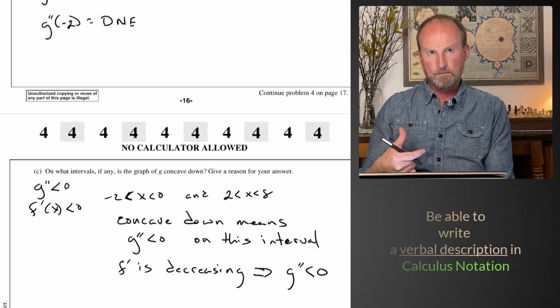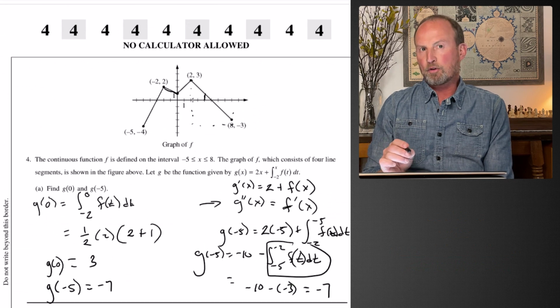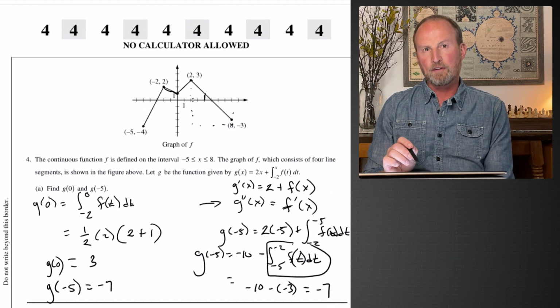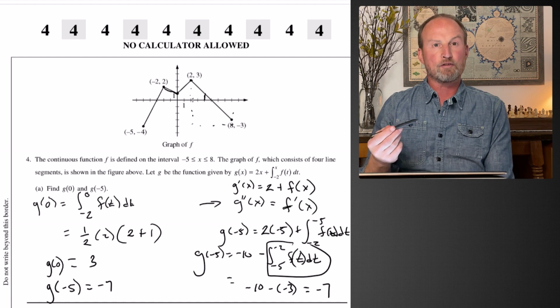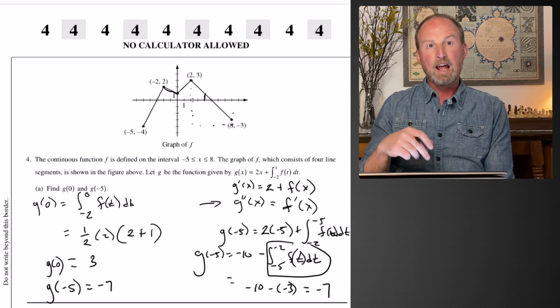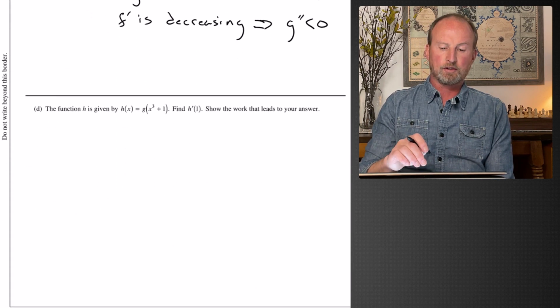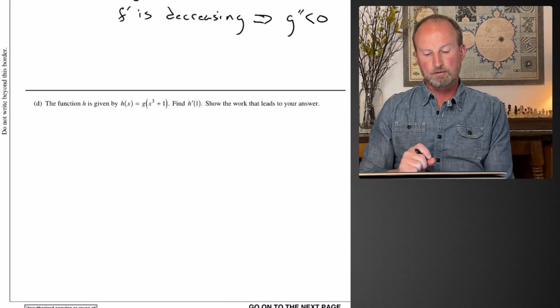What was it about this graph that allowed me to answer the question? What was it about this graph that told me the graph of g was concave down? The fact that f was decreasing over that interval. And that's what told me that the second derivative, or g double prime, is less than 0.